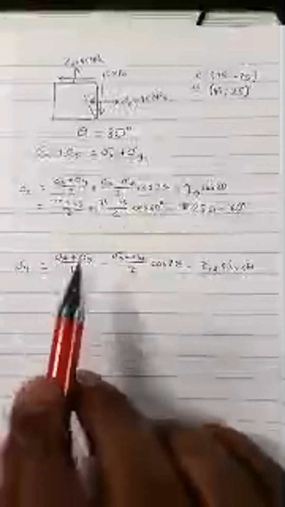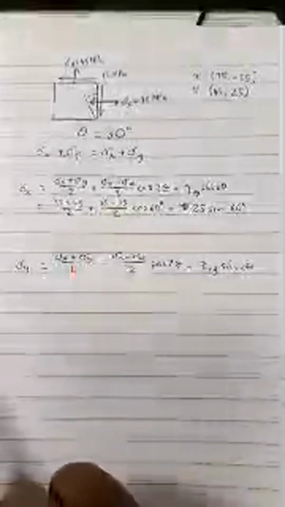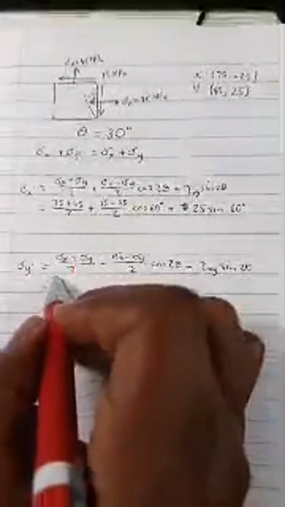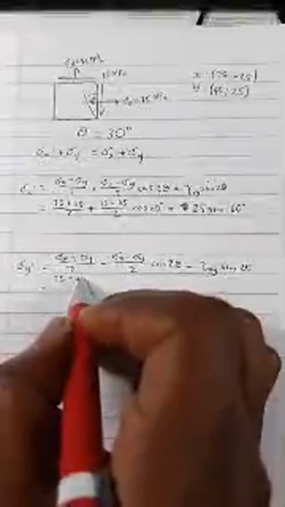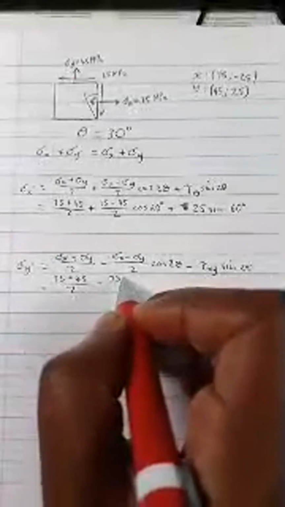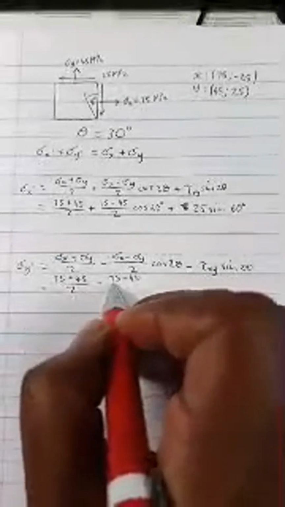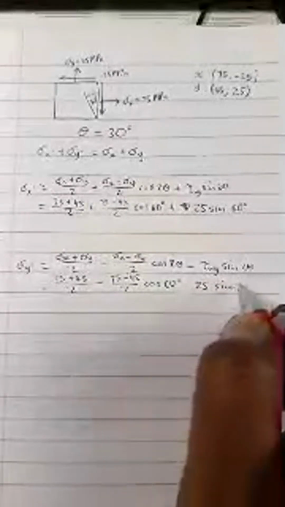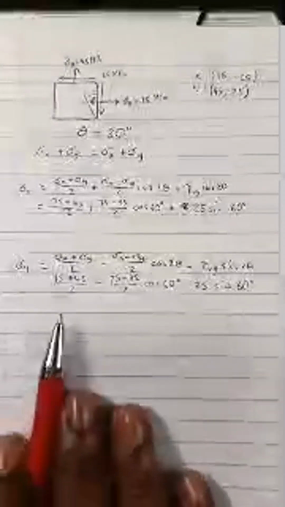Then again you just substitute those values. Now you put negative in those places. Okay, so you'll have 75 plus 45 over 2 minus 75 minus 45 over 2 times cos 60 minus 25 sine 60. Then you press all of that in your calculator, you get an answer.